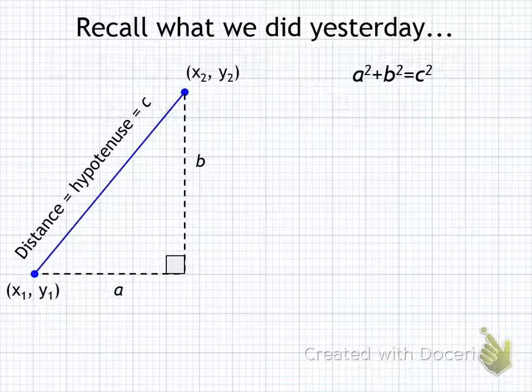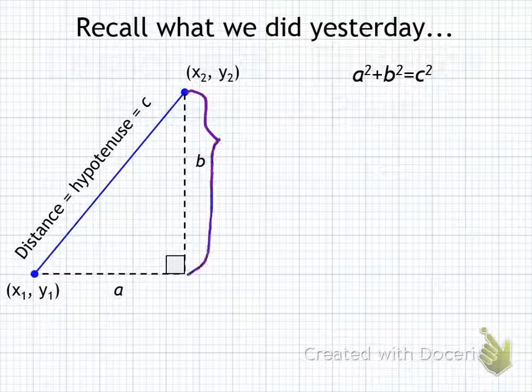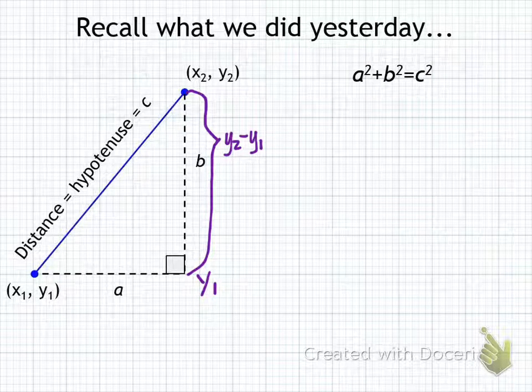Okay? So now let's look if we just have generic points. So we call them x1, y1, x2, y2. Could we find the distance between them? This distance here, if the y-coordinate down here is y1, I find this distance just by subtracting.